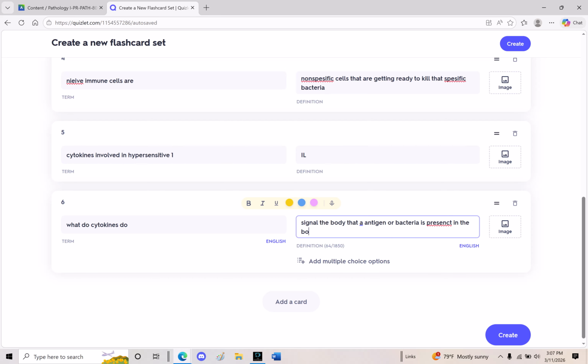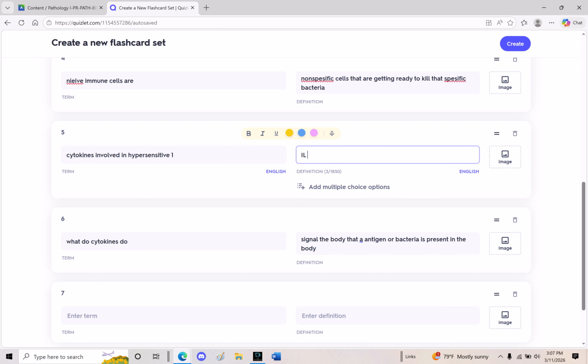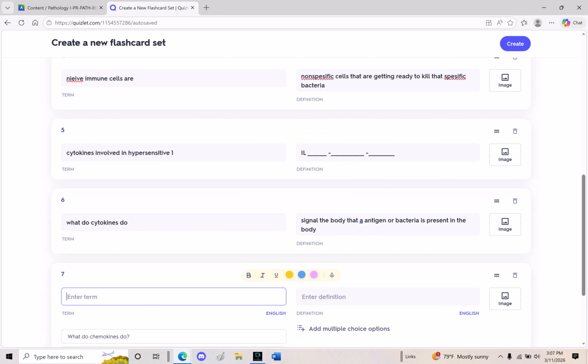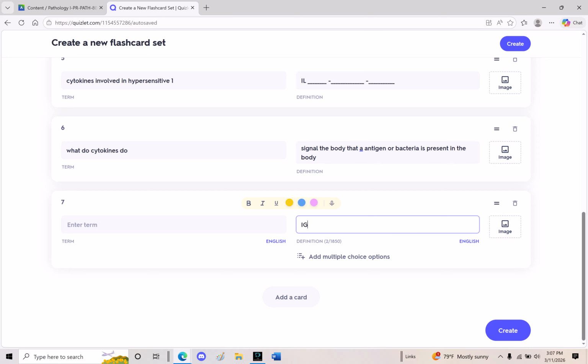Cytokines are signaling molecules. So they tell your body, okay, right now we need these, make these, right? And the specific thing that you're making in response to this allergen in the type 1 hypersensitivity reaction is IgE. Remember that IgE is the major immunoglobulin utilized in a type 1 hypersensitivity.